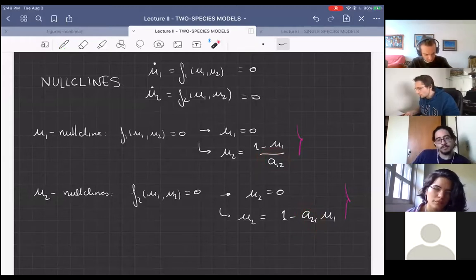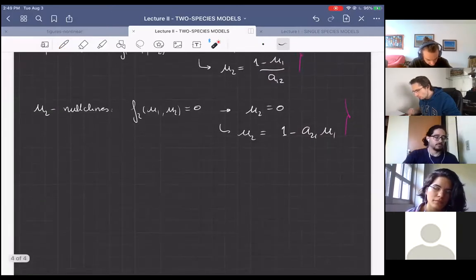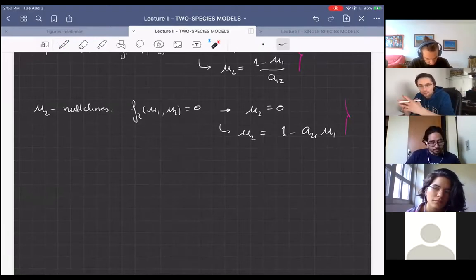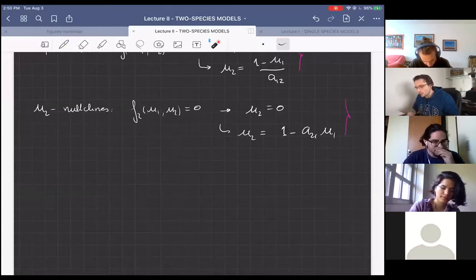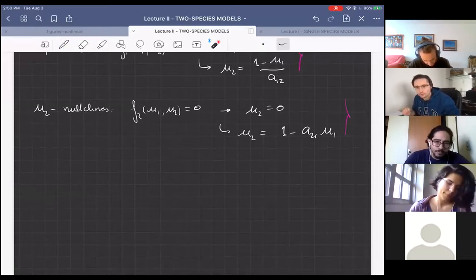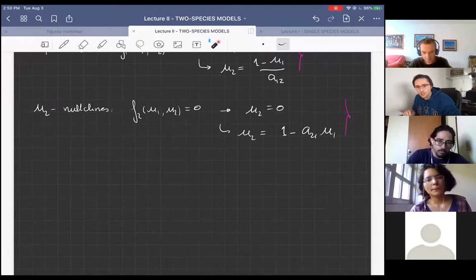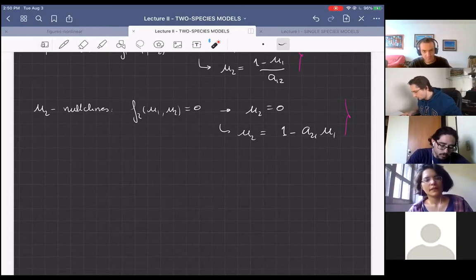So I'm going to work through one of them more carefully, and then we are going to discuss the results of all the other 3, and we are going to connect each of them with the ecological meaning of them. I'm going to do the analysis here in our Blackboard to make things easier to follow, and then we will jump to more pretty and clear figures I did with the computer.